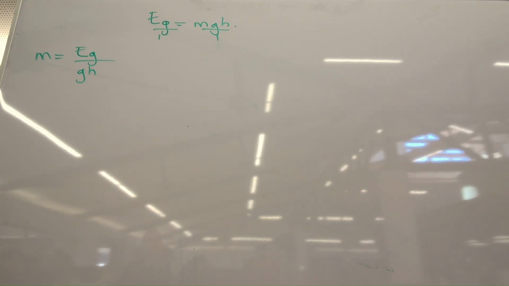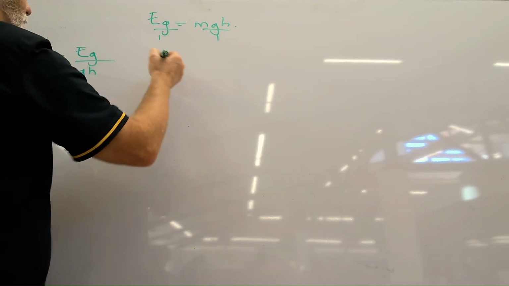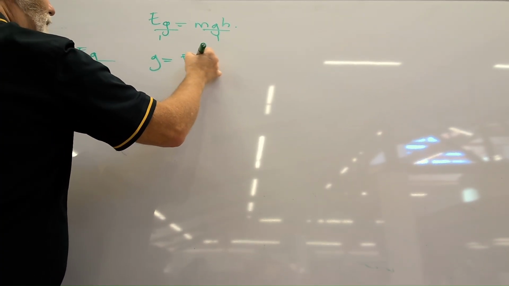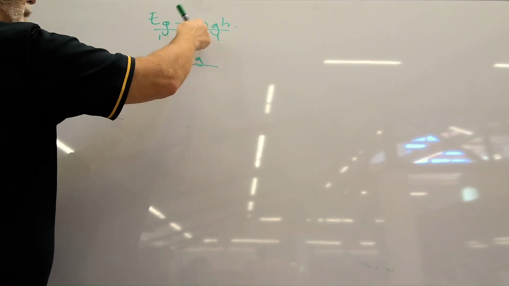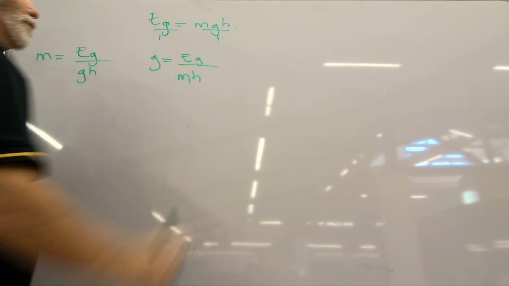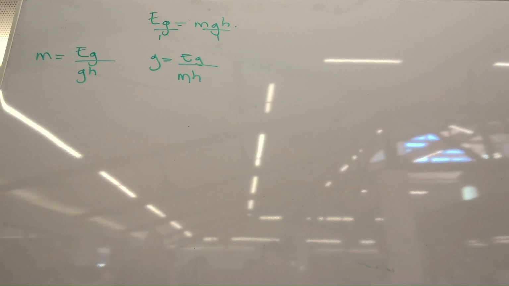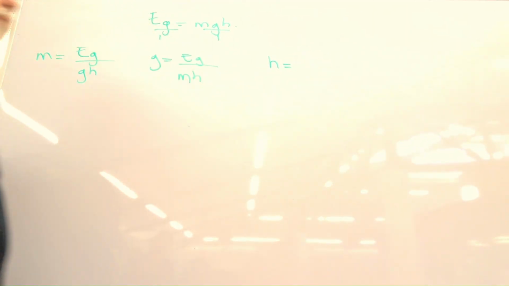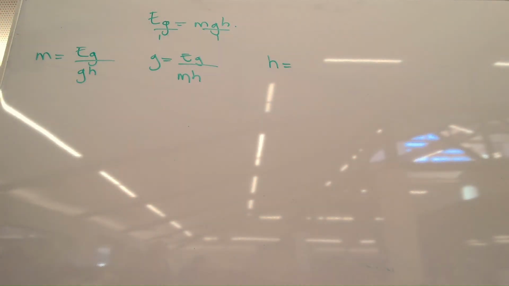If we wanted to isolate G, G equals EG divided by MH. If we wanted to isolate H, what would it be? EG over MG.